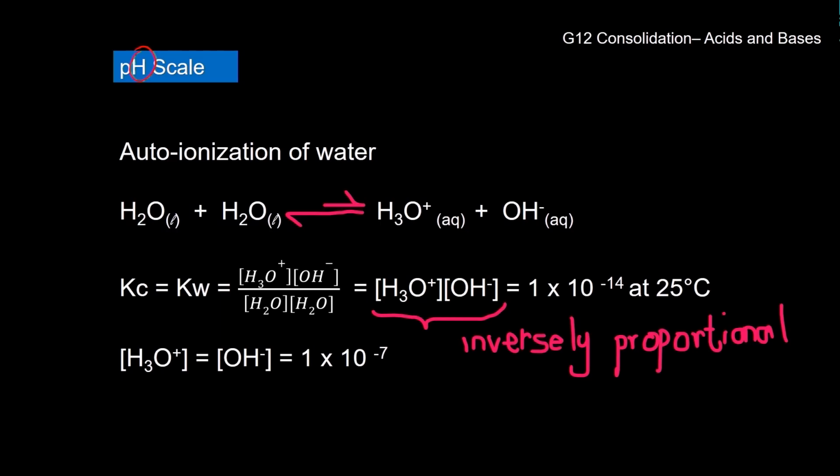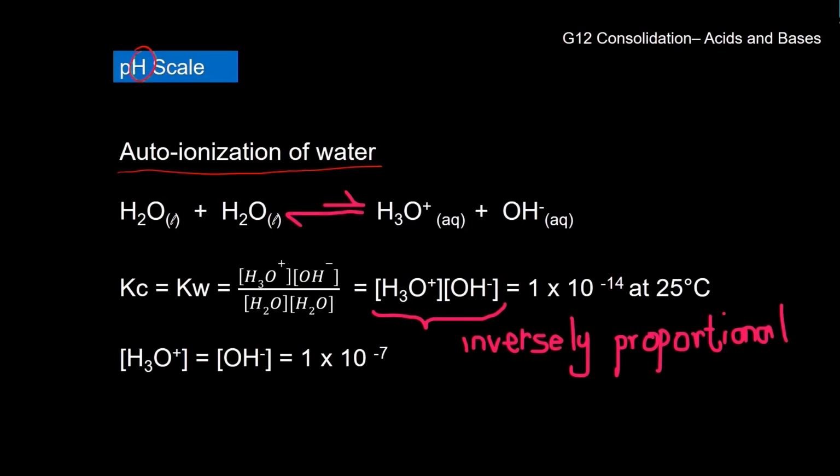So there is an auto-ionization of water, that reaction, where the water can act as an acid and as a base. So let's have a look at this. We see that we have the hydroxide ions and the H3O plus ions that are being produced in this reaction.